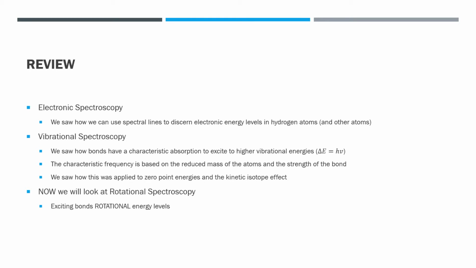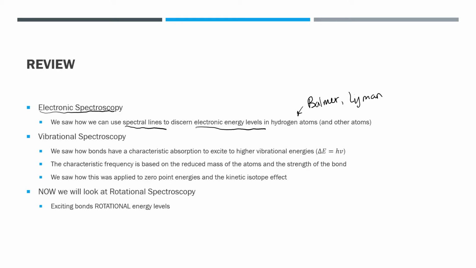So just as a review, I wanted to go over the other types of spectroscopy we've seen in the past. Electronic spectroscopy we've seen before, and we saw how we can use spectral lines to discern electronic energy levels in hydrogen atoms and other atoms. Specifically for the hydrogen atom, we looked at the Balmer series and the Lyman series and these different absorption patterns that you see in this spectrum.